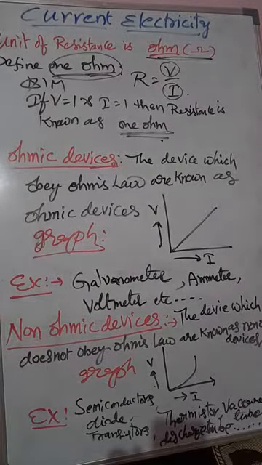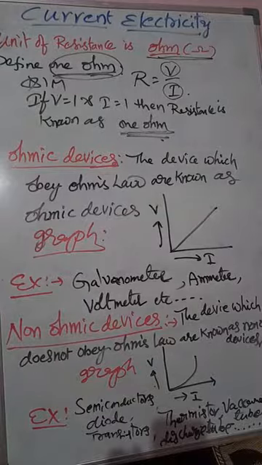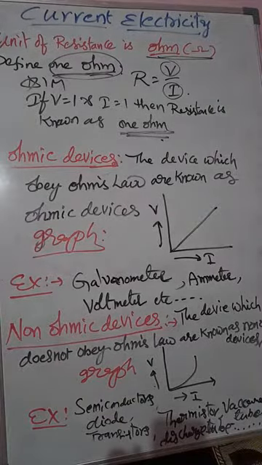Clear? The second one is non-ohmic devices. What are non-ohmic devices? The devices which don't obey Ohm's law. Which obey means ohmic devices.